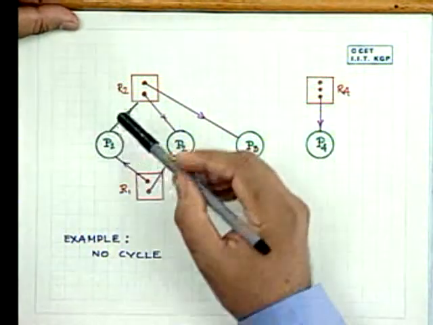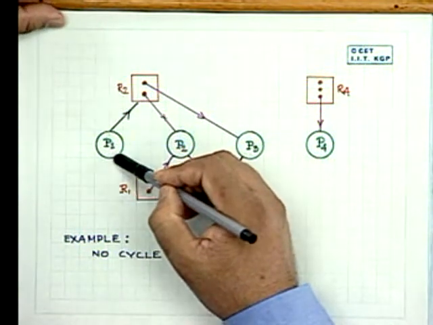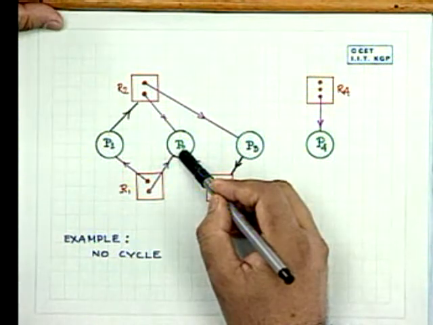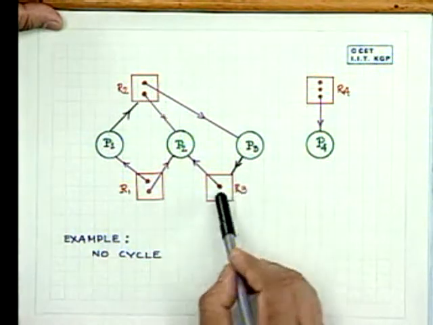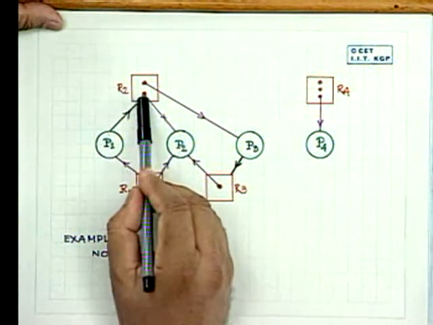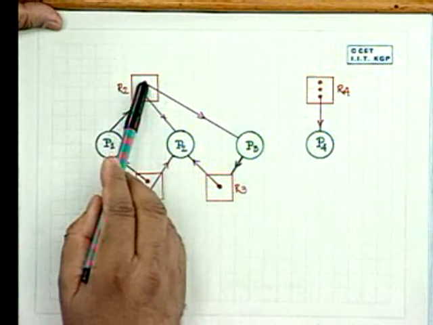Now, you see that one instance of R1 is held by P1, the second instance of R1 is being held by P2. Similarly, there is only one instance of R3, which is held by P2. There are 2 instances of R2, one is held by P2, another is held by P3.